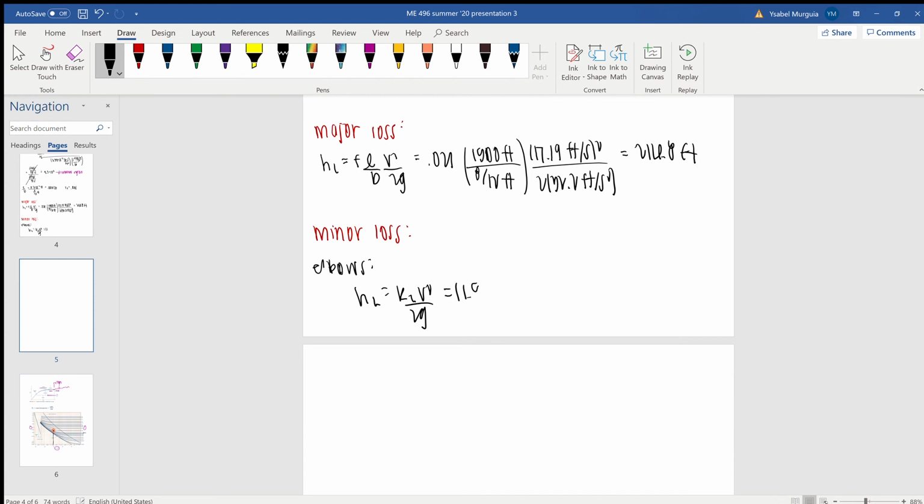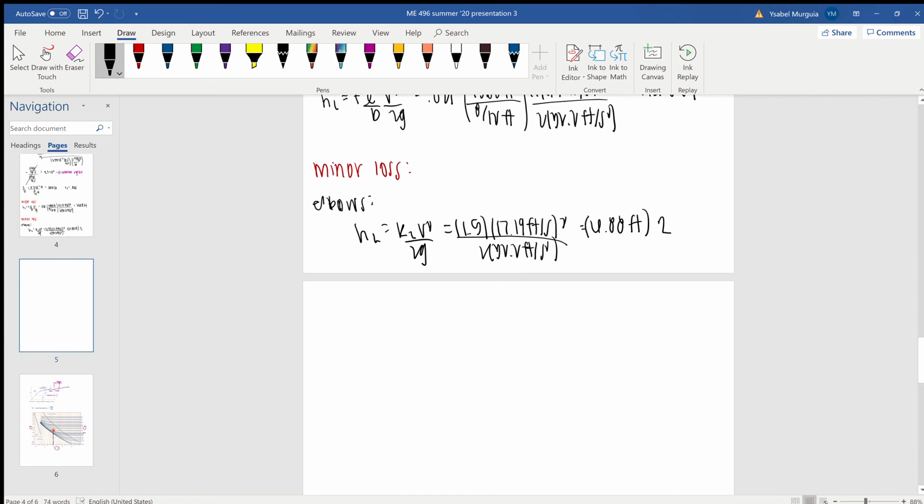K sub L I was said to be 1.5. Velocity divided by 2 times 32.2 foot per second squared. And we get 6.88 feet, which I will be multiplying by 2 when I sum all of the minor losses.